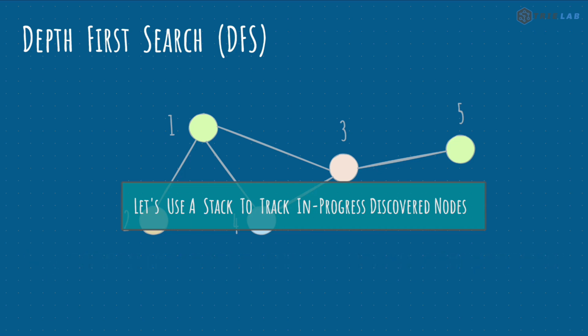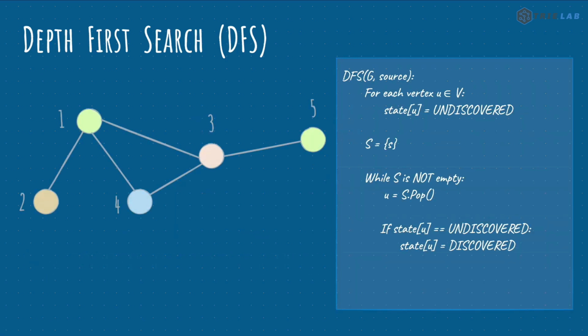And if you see, the algorithm is similar to what we have seen for breadth first search, except that it's using a stack instead of a queue to keep track of the nodes. We will again represent the graph using an adjacency list as we did for breadth first search, which allows us to efficiently access all the neighboring nodes of any given vertex in a graph.